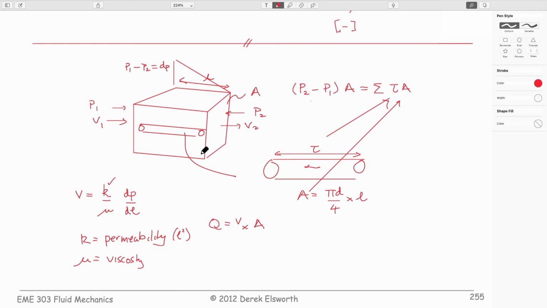So what we need is another set of equations, which is a fake way of representing conservation of momentum. We're just saying that the resistance to flow is going to be equal to an equivalent drag, which varies as a function of pressure. And it's given by Darcy's law.